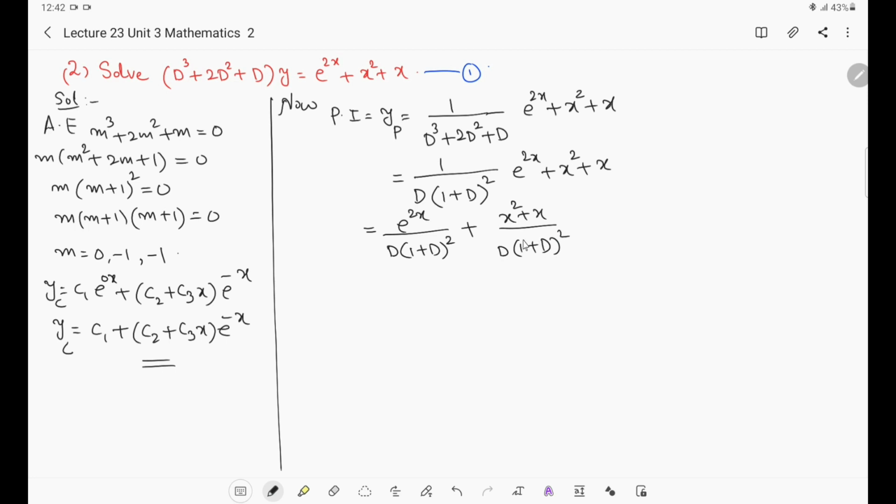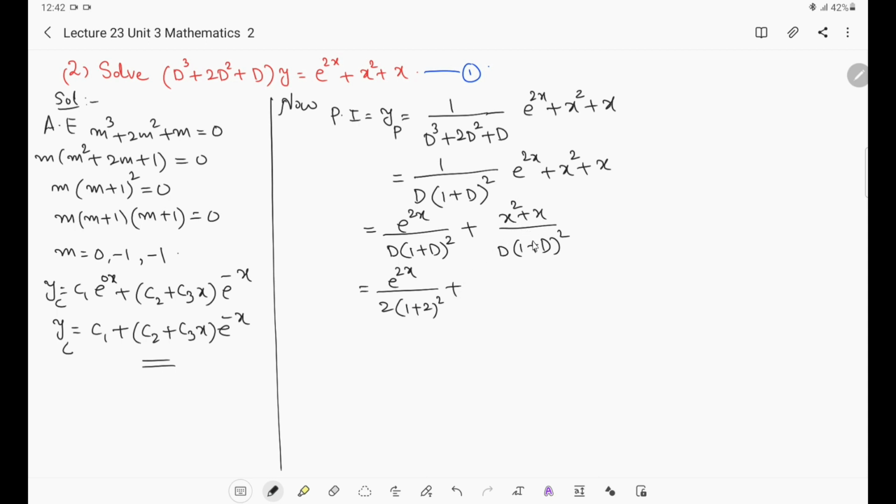If e power ax is there, D should be replaced with a, so D should be replaced with 2: e power 2x by 2 into (1 plus 2) whole square, first case.